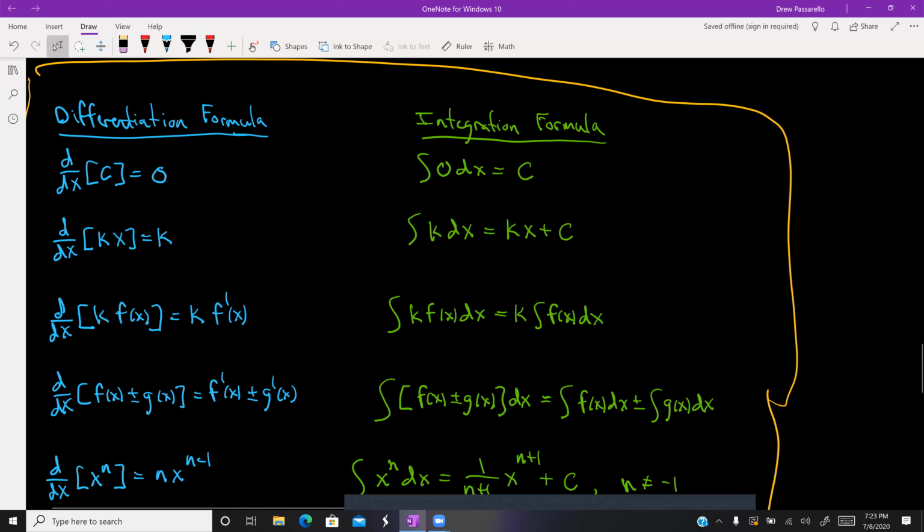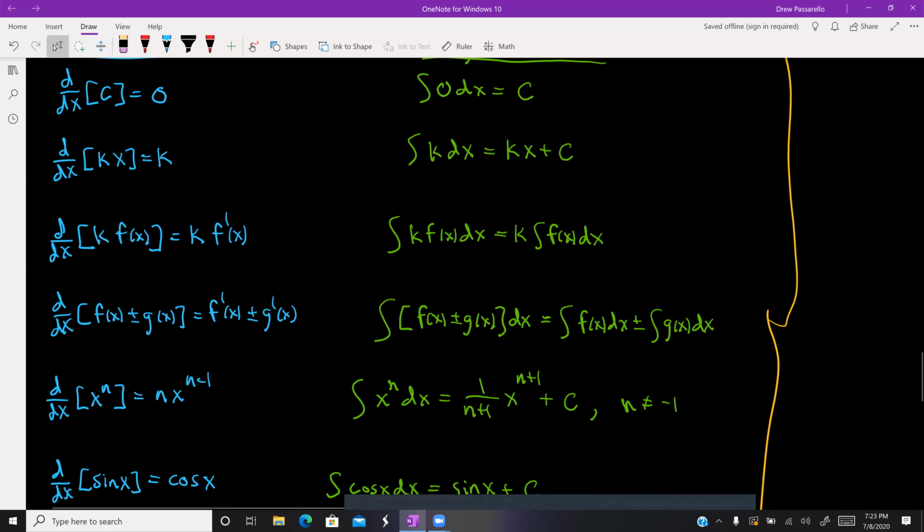Notice I have the plus c because it can be k times x plus 3, for instance. That will still give us the same derivative of k. So again, we attach this plus c because it's a family of functions and we're finding the indefinite integral.